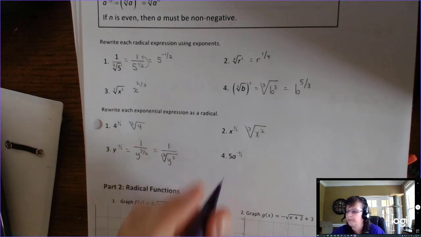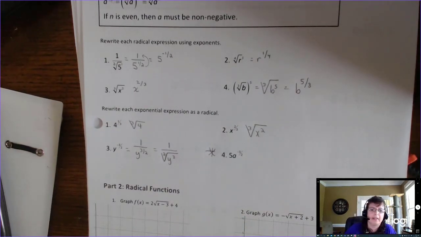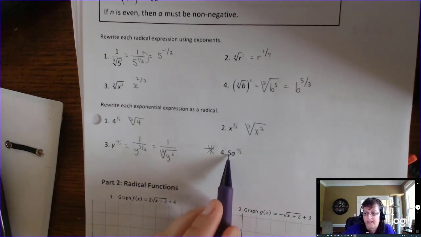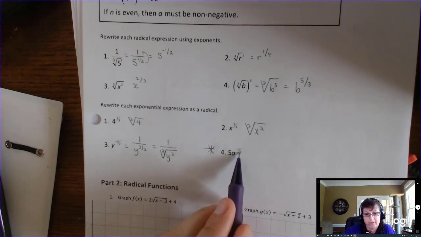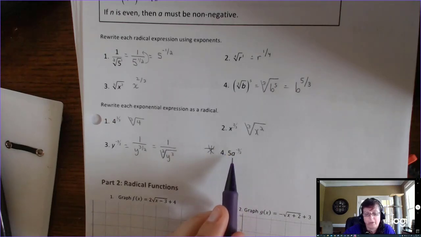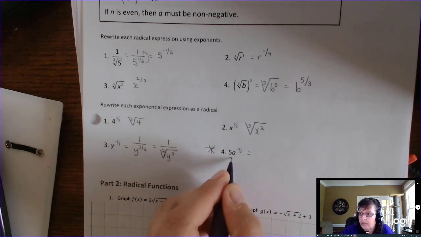Alright, last one is probably the biggest error that people make. It goes down to PEMDAS. This 5 is not attached to that a. This is a to the negative 3/2. You would have to figure out what that is and then multiply that by 5. So this 5 is not stuck to that a like glue, which is important because we want to get rid of the negative exponent.